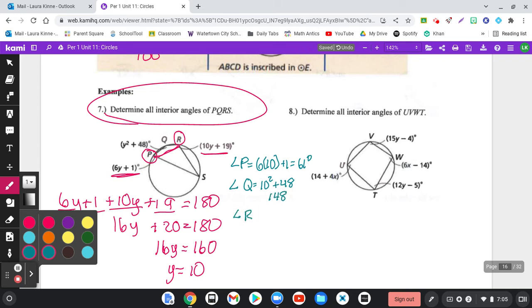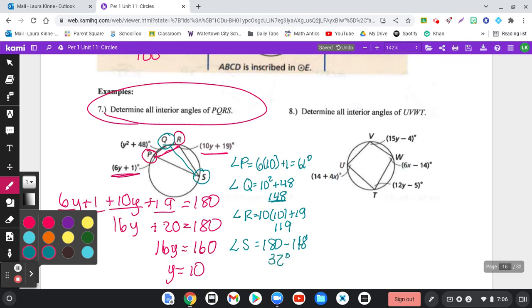Angle R, we can plug in again. 10 times 10 plus 19. So angle R is going to be 119. And finally, angle S, there's nothing there. But remember, Q and S are supplementary. So if angle Q is 148, I can just do 180 minus 148, and I'll get 32 degrees.